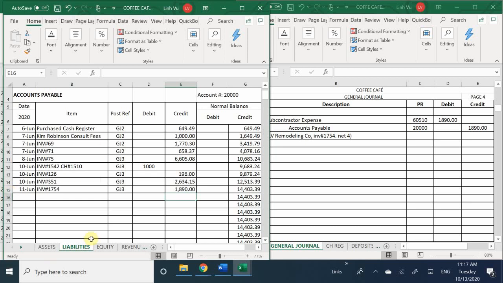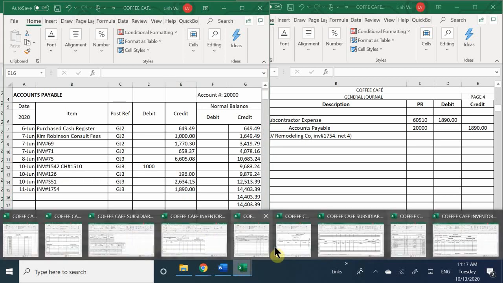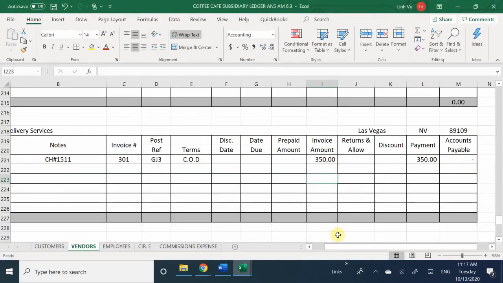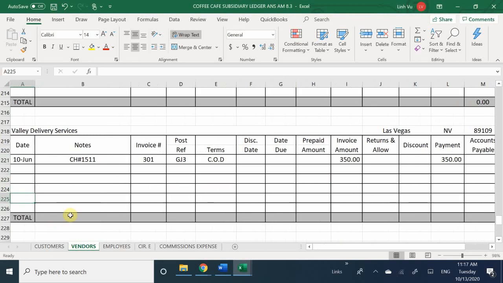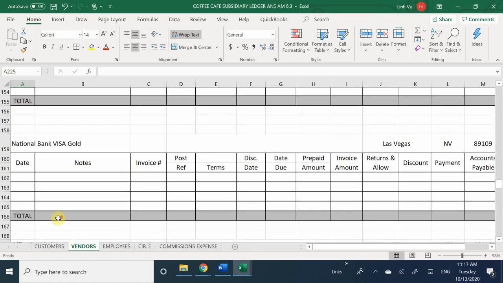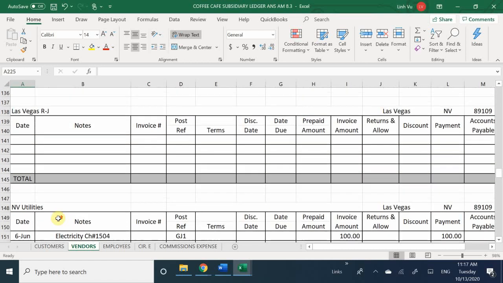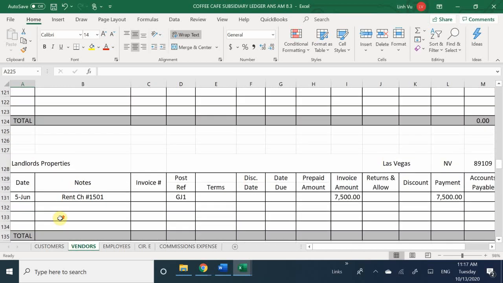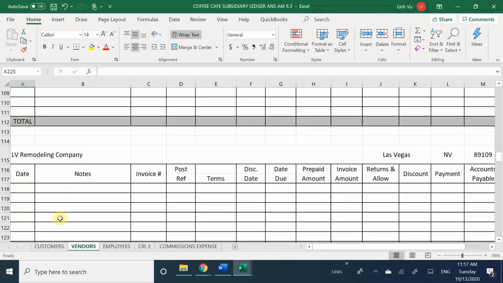So with that being said, last thing that we have to do is update our subsidiary ledger. So in this case, we're going to go find our LV remodeling. Here you go, LV remodeling.